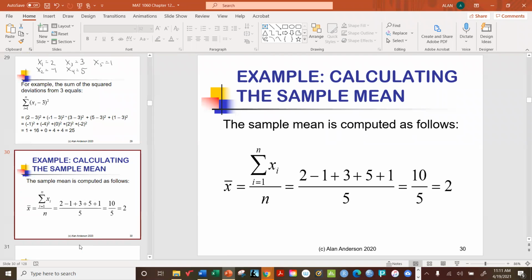So this is what you would normally do anyway, but now we've done this in a very formal way so that we can apply this to any other situation we might encounter. So the average is just the sum of the 5 temperatures divided by the number of temperatures, which gives us an average of 2. And all sample means are calculated in the same way.